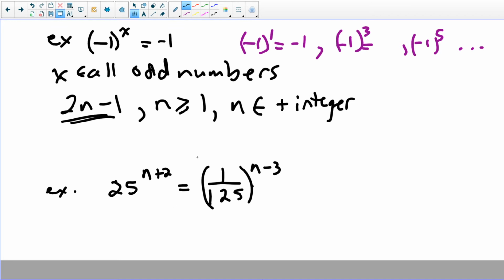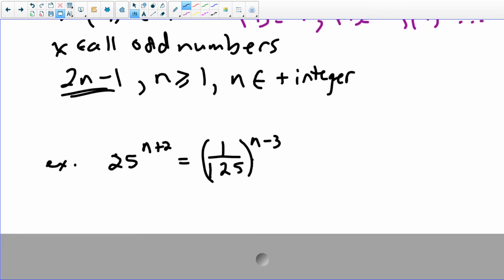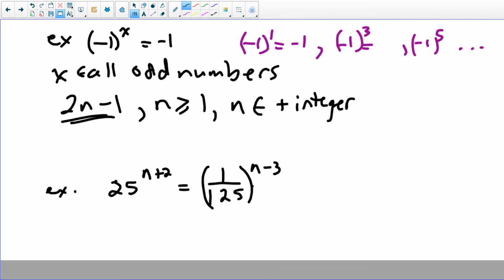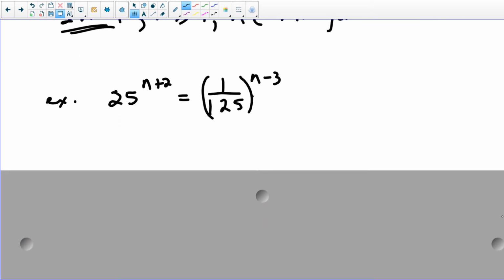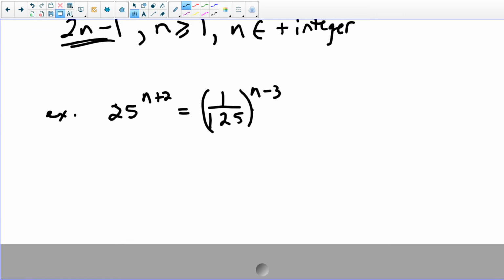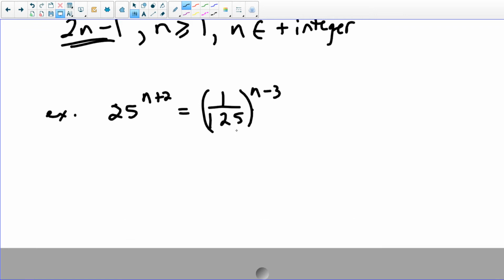So what about this guy? Now there's fractions. Our favorite part of math, fractions. I'll give you a few seconds again to think about this one. I'll give you a hint.